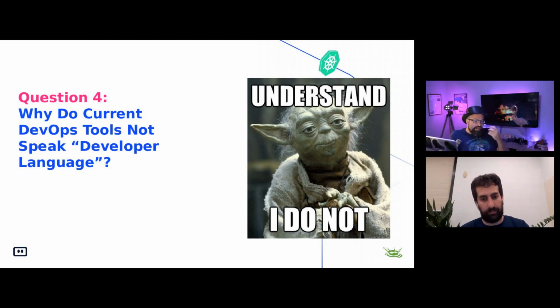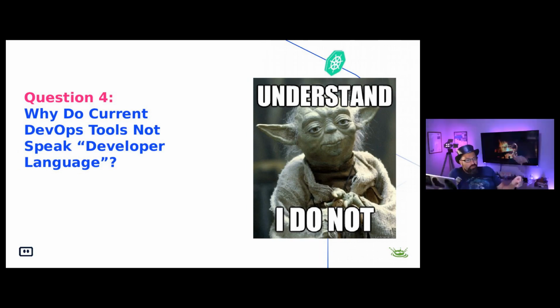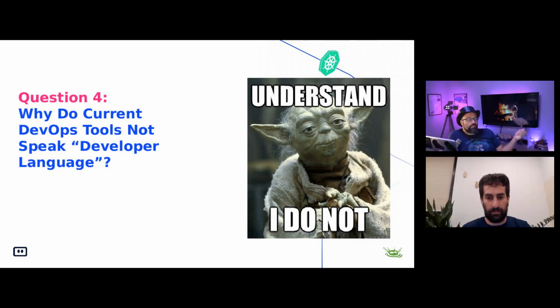And the answer why is exactly in the history and the culture that we spoke about. Once incident management is an infrastructure related topic, the tools naturally follow the culture, and all the tools are very infrastructure oriented. And when the culture changes, as we see now, the tools follow. We are just not there yet, or are we?